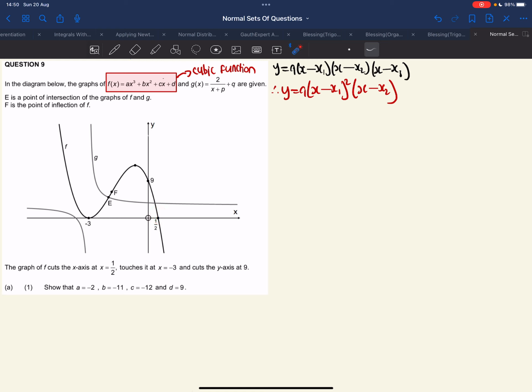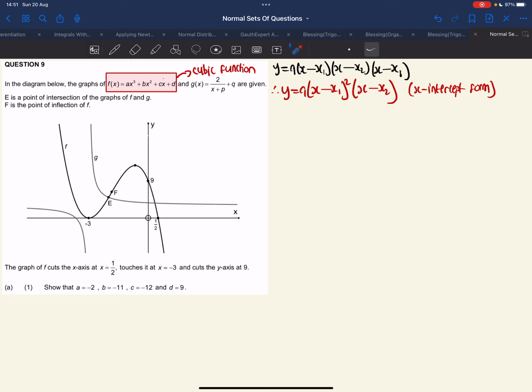Now remember that x1 and x2 stand for the x-intercepts. So we call this kind of form the x-intercept form. Both the black one and this one, we call the x-intercept form.